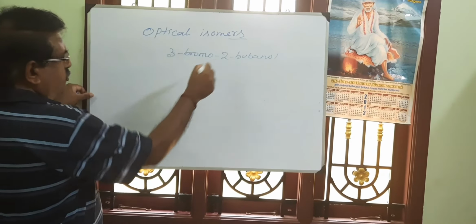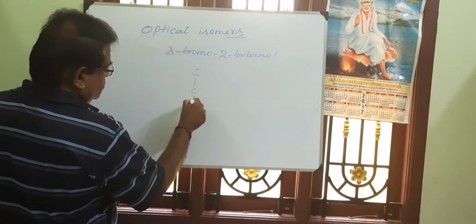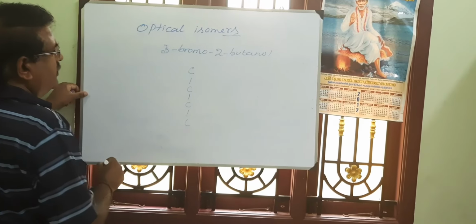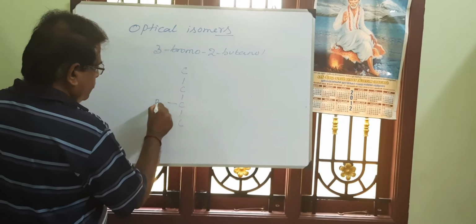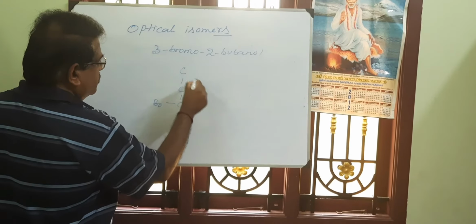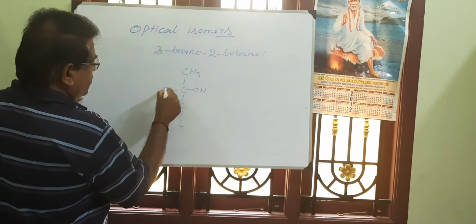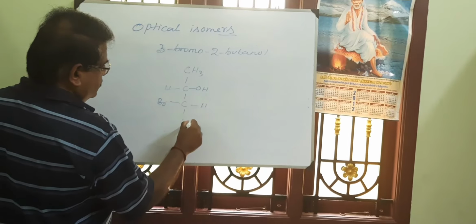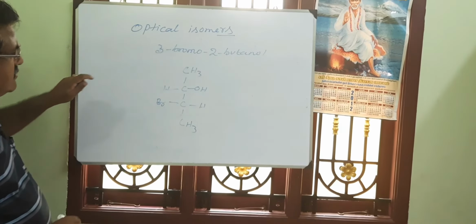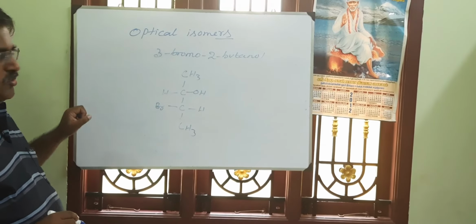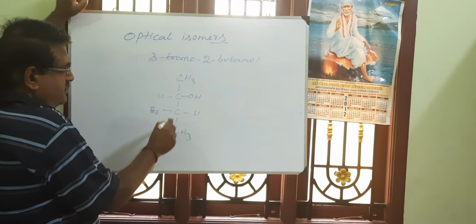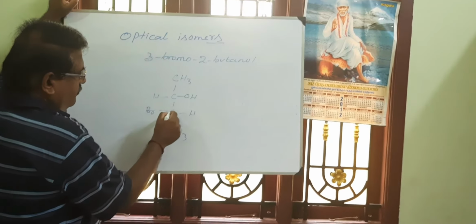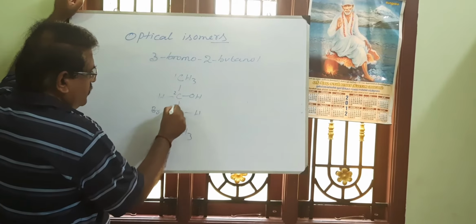So butanol, so 4 carbon atoms. Okay, 3-bromo, 2-butanol, so CH3, H, H and CH3. So this is the structure of 3-bromo-2-butanol. Now how many carbon atoms are in this molecule? 1, 2, 3, 4.